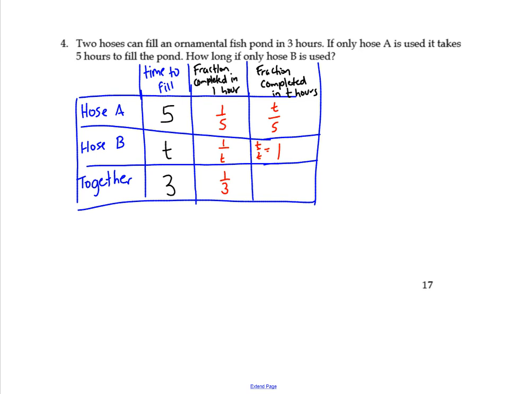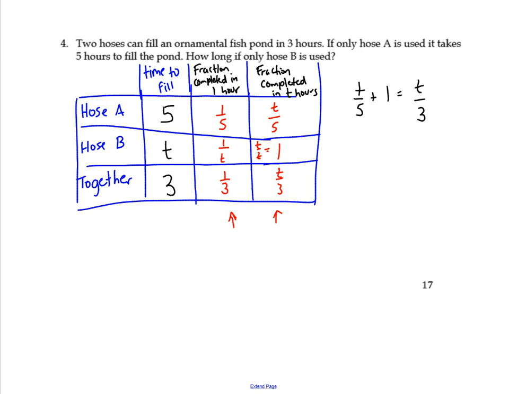And together, how much would they complete? t over 3. So we can use either column. It doesn't matter. I'll use the third. So t over 5, hose A, plus hose B equals together. t over 5 plus 1 equals t over 3.